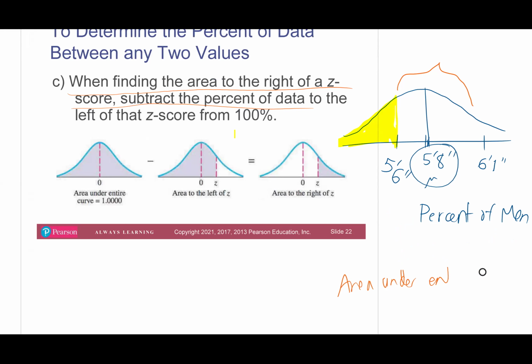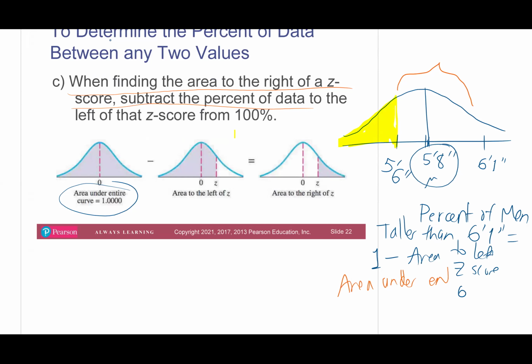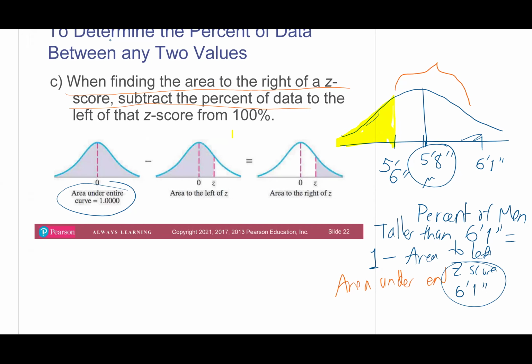So if I wanted the percent of men taller than 6'1", it would be 1, which is the entire area under the curve, minus the area to the left of the z-score for 6'1", whatever that is. I'd find the z-score for 6'1", look it up in the table, that would give me the area from here to here, but that's actually not what I want.